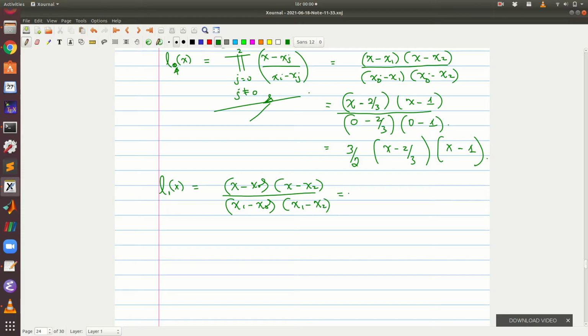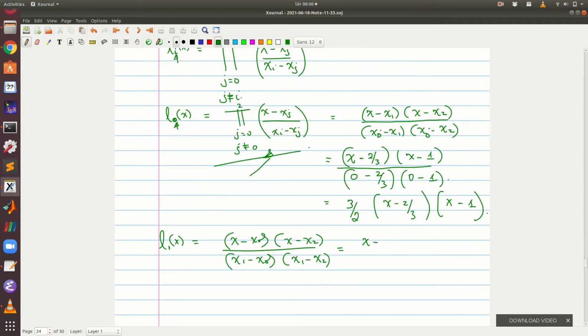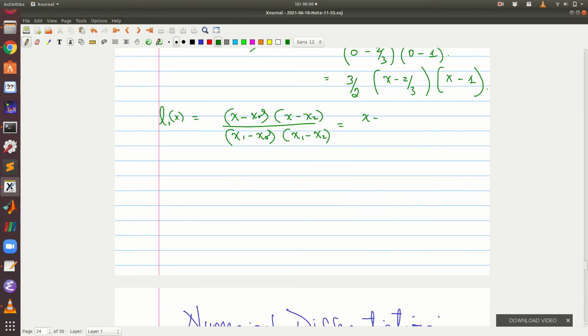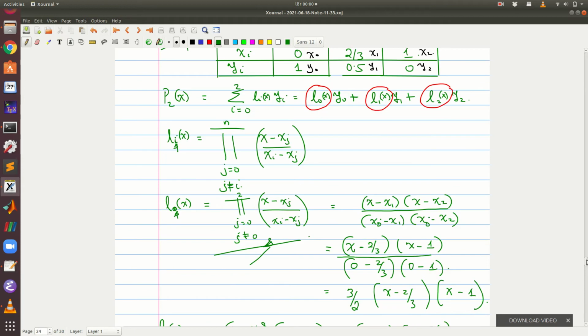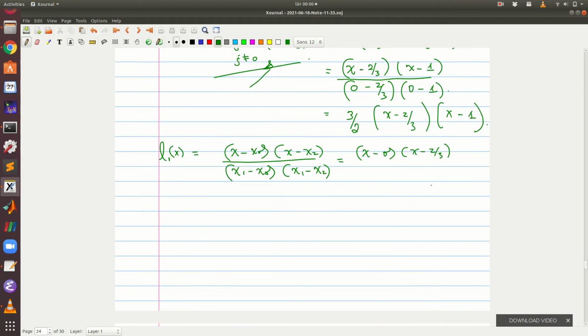Okay, so you can substitute these values here, x minus x naught, so we have x minus x naught is 0, then x minus x2, oh no, I mean x2 is 1.